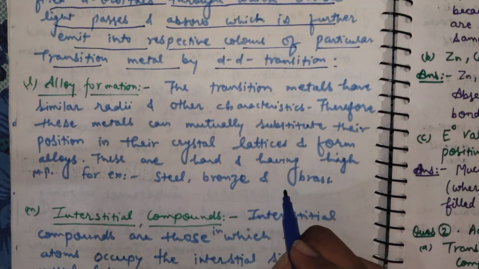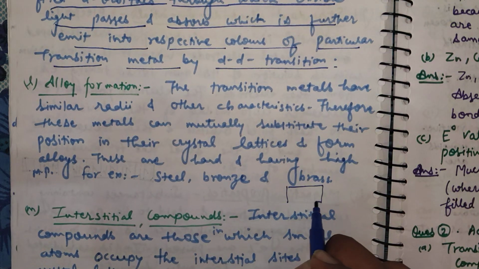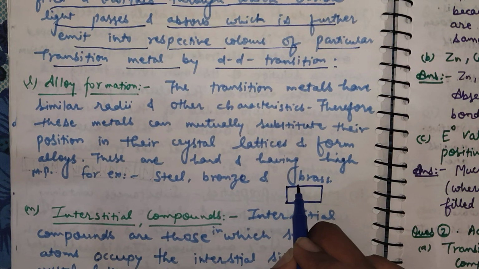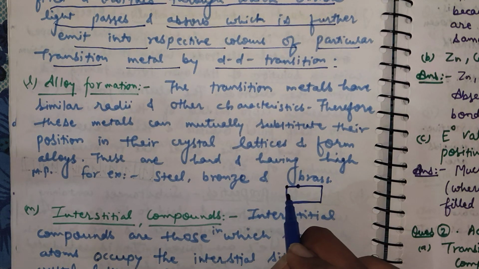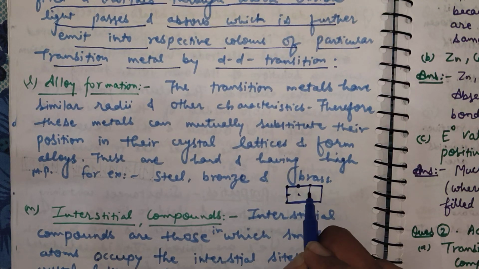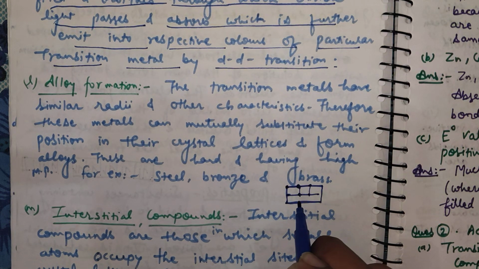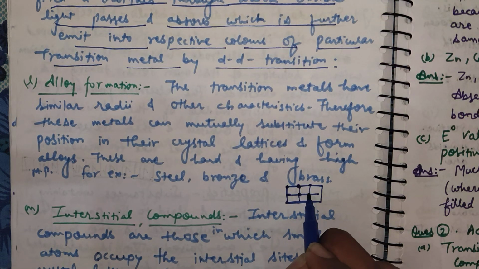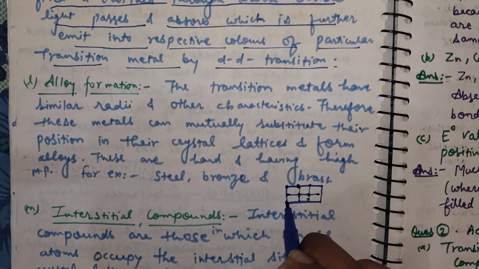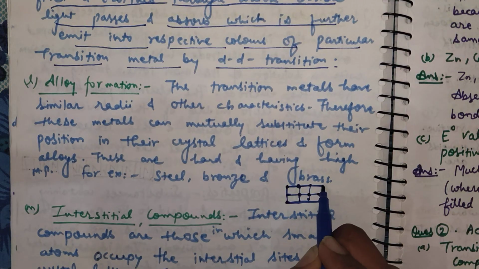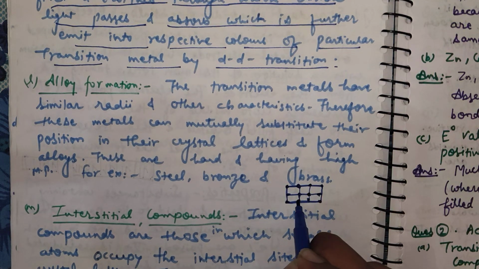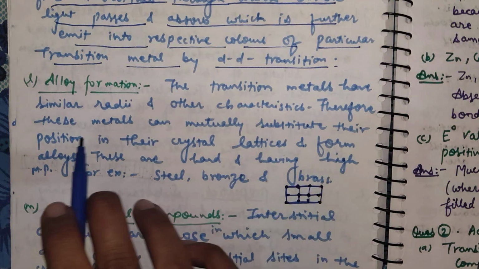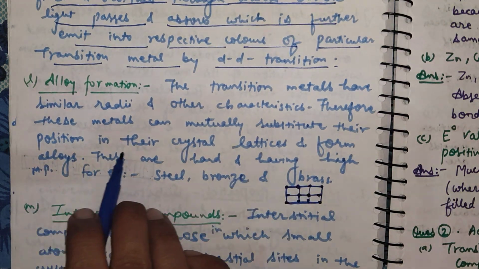In a crystal lattice, like the chapter of solid state, its application is here. The crystal lattice structure is like this, in which the electrons, the positive cations and negative anions occupy lattice sites, and therefore these metals can mutually substitute their positions there.